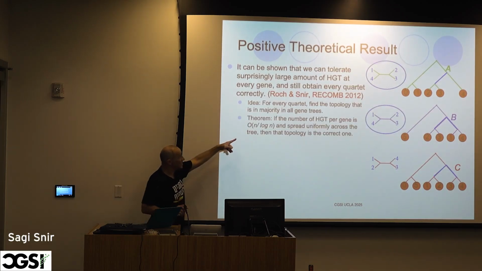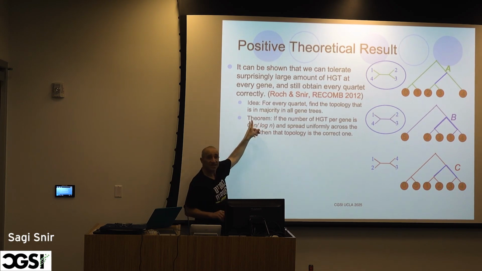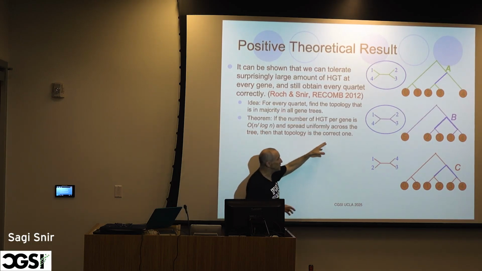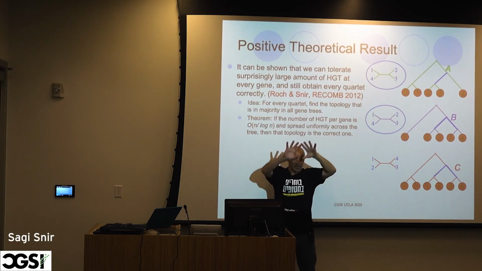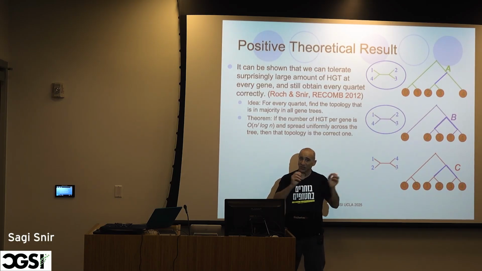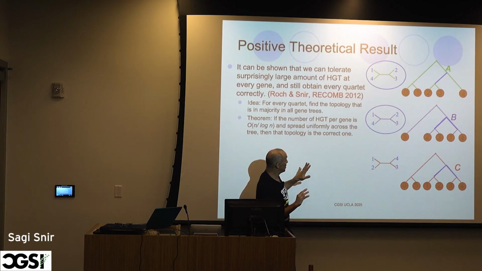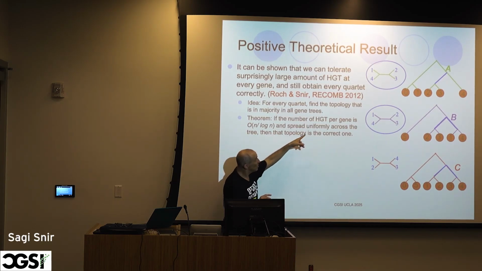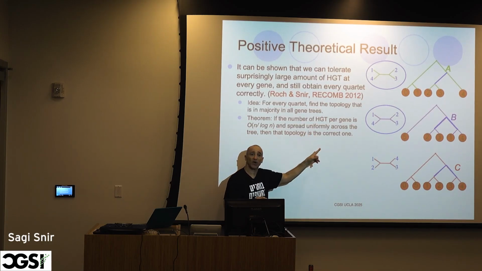And the theorem says that if this is the intensity of HGT, with some more assumption of uniformity, so the entire species tree is bombarded with HGTs uniformly, okay? Then the topology that is in majority is the correct one.